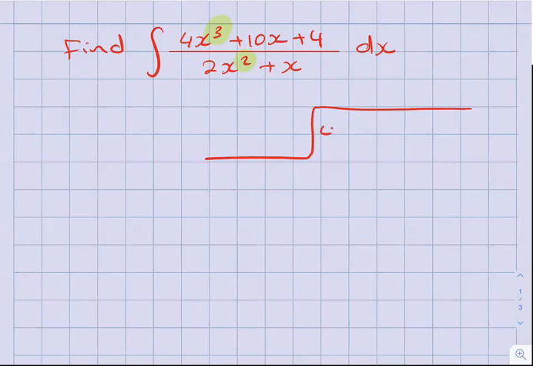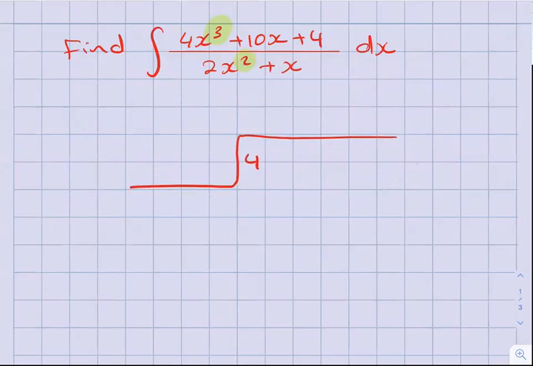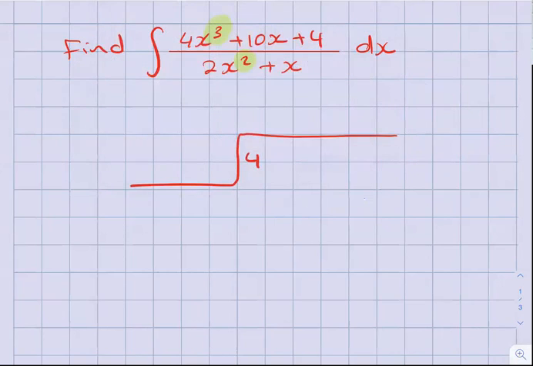So this is the 4x cubed plus 10x plus 4. As you can see here, we don't have the term x squared, so don't leave it like this.